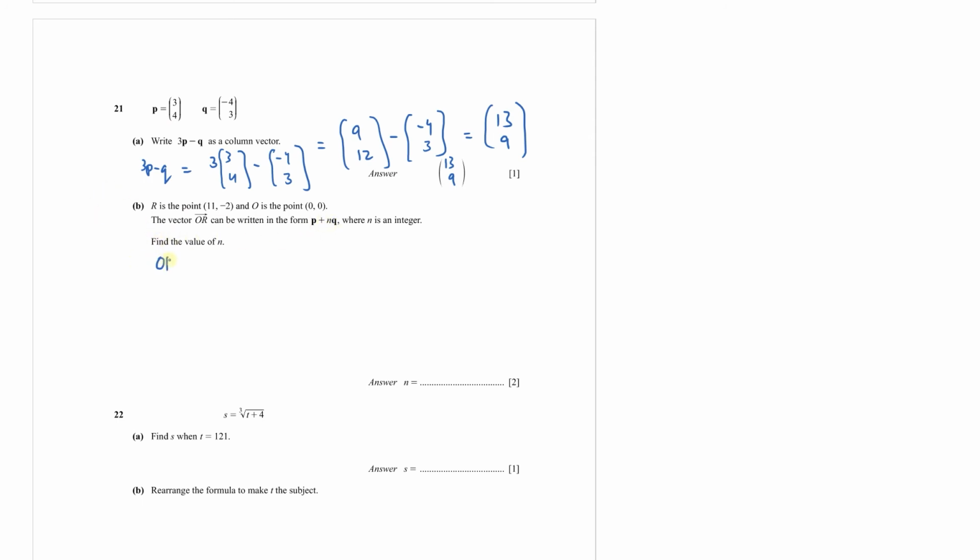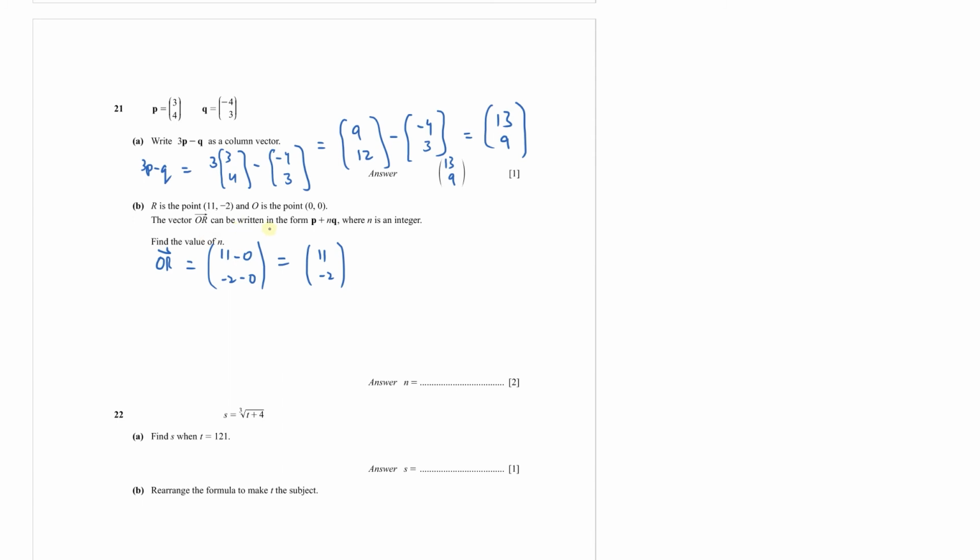So what is vector OR from these 2 points? It's basically 11, which is your final point because R is after O. So 11 minus 0, and the second value in the column vector is minus 2 minus 0. So you get the column vector 11, minus 2.